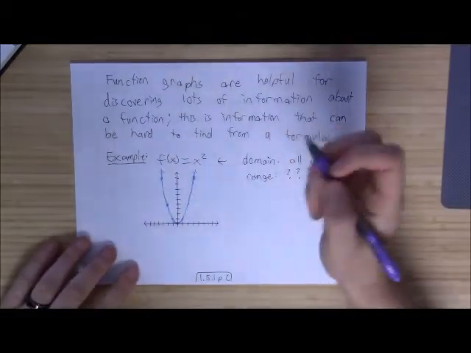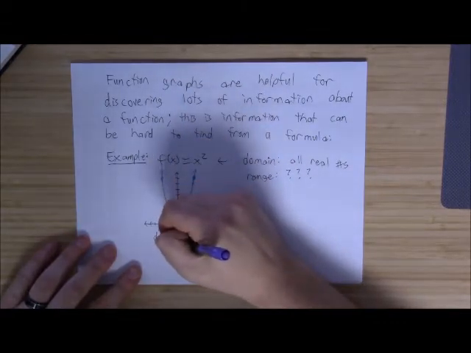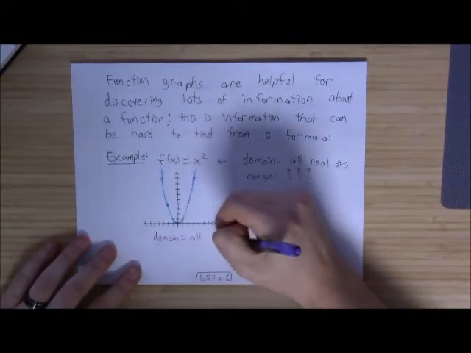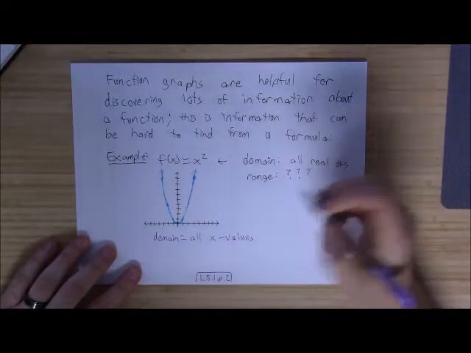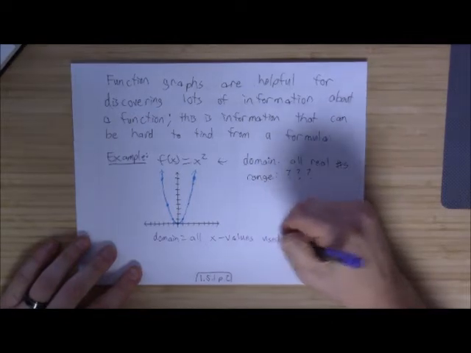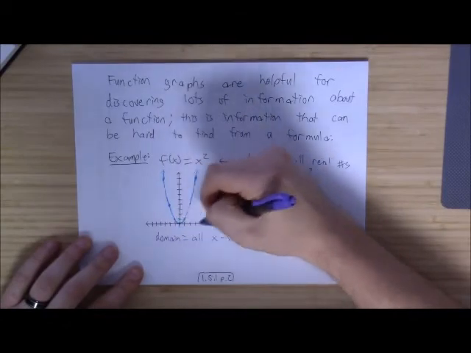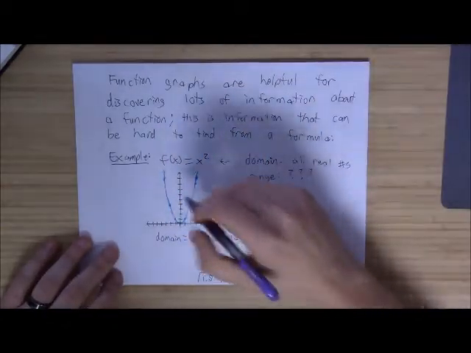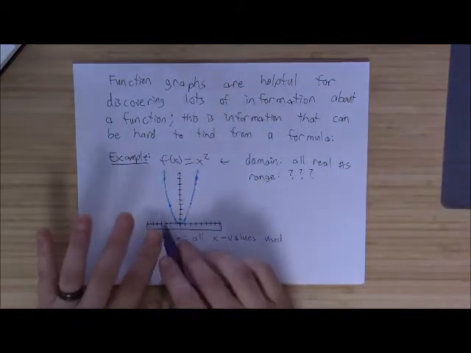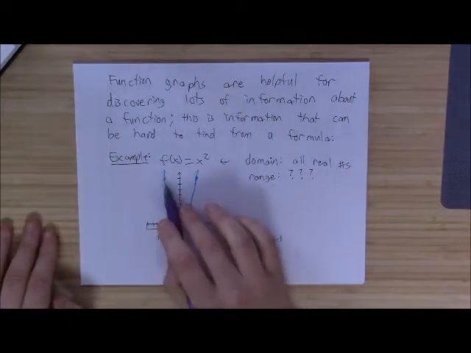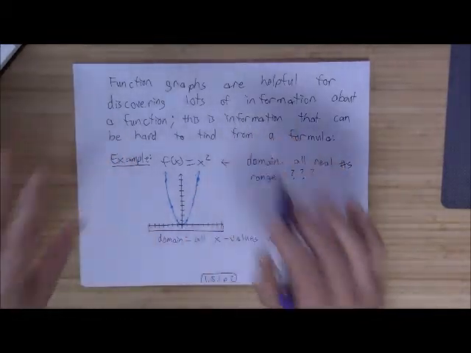The domain is all the x values used. Namely, it's going to be everything down here. In fact, it's actually going to be all real numbers, because eventually we would get all of the x values if we went out far enough, because we can keep putting those in and we just get higher and higher values in y.